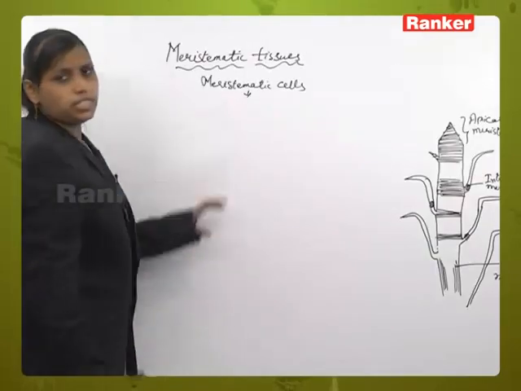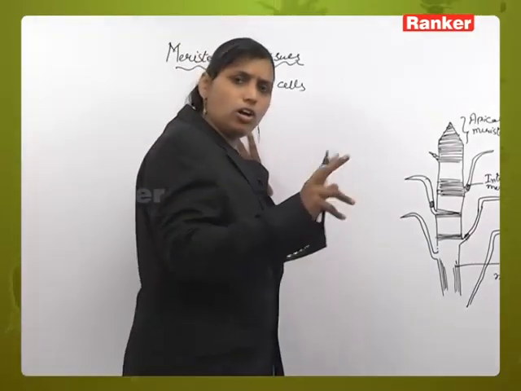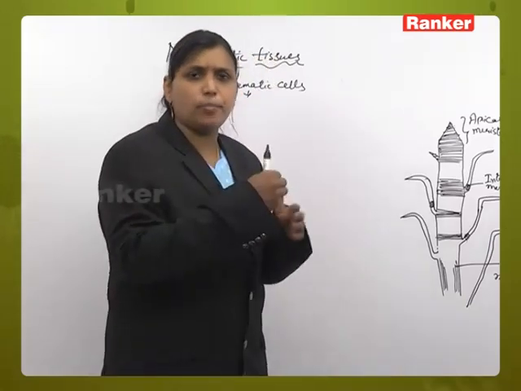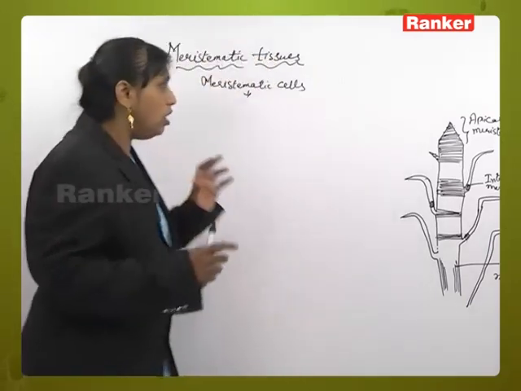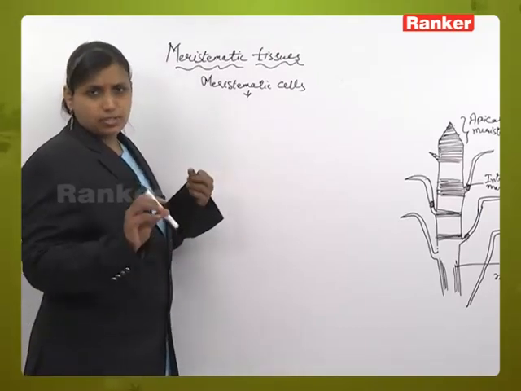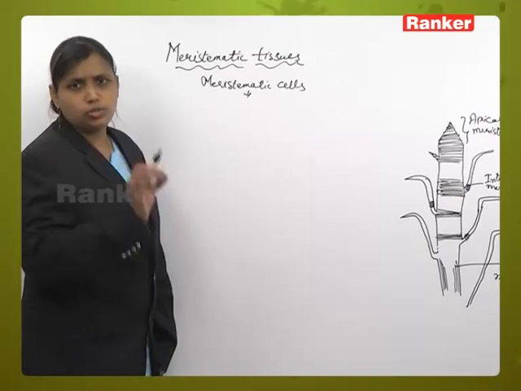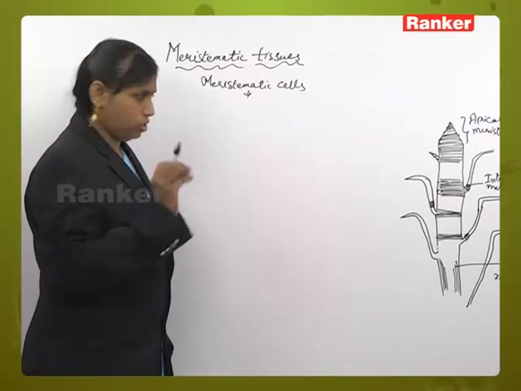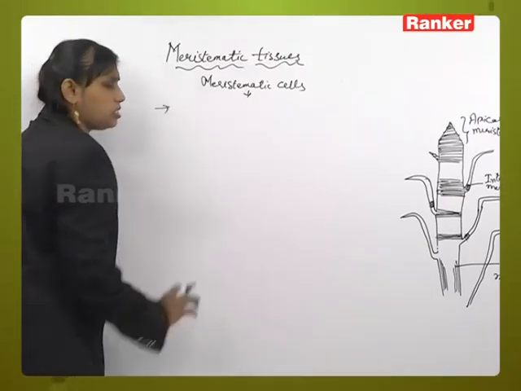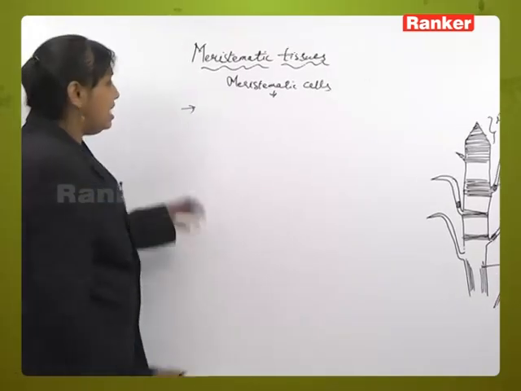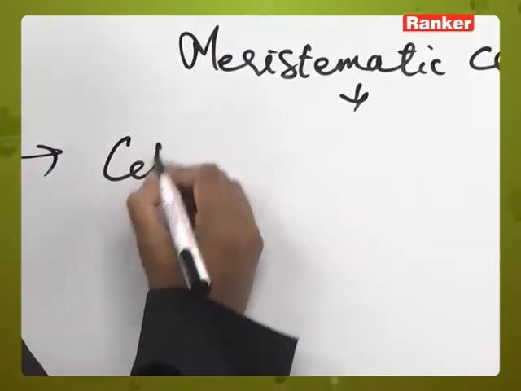Okay. These meristematic cells can be identified easily when we compare them with the other types of cells. So what are the few basic characteristics with which you identify that in a particular tissue, these are meristematic tissues, these are simple tissues, these are complex tissues. Now the first and the basic characteristic of the meristematic tissue is that the cells are isodiametric.